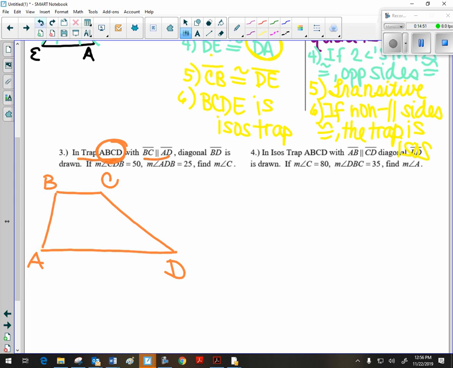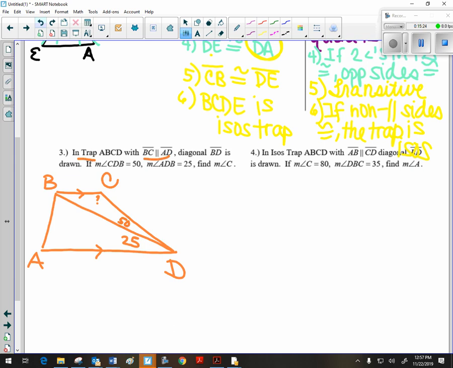It tells us that there is one diagonal from B to D that's drawn in. And it tells me that the measure of angle CDB is 50. So this angle right here is 50. And it also tells me that angle ADB is 25. And it's actually asking me for the measure of angle C.